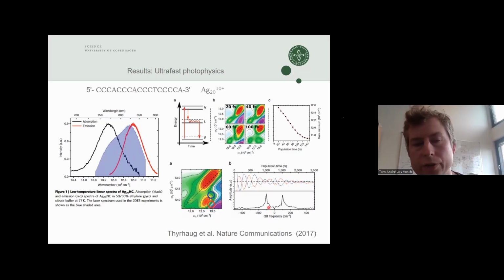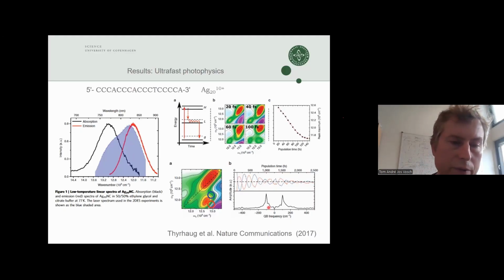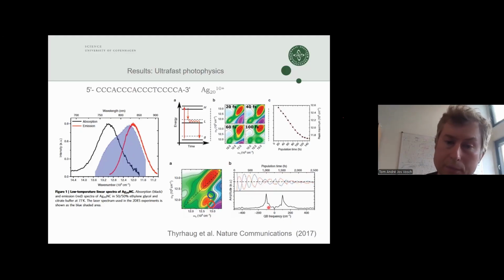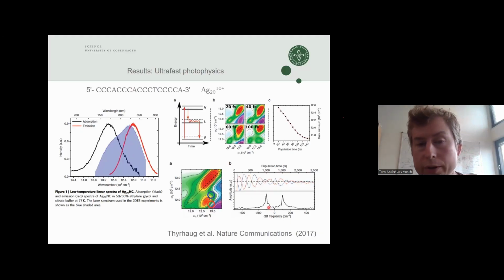So there's not only interesting photophysics happening on the nanosecond time scale, which is usually the fluorescence of these clusters. But a few years ago, together with the group of Donatas in Lund, we also looked at ultra-fast processes. And we noticed that this Stokes shift, or the difference between the absorption and emission, actually happens on a really ultra-fast time scale. After excitation, we see that most of the energy, in this case over 1,000 wave numbers, is dumped within 100 femtoseconds, which is an extremely fast process.